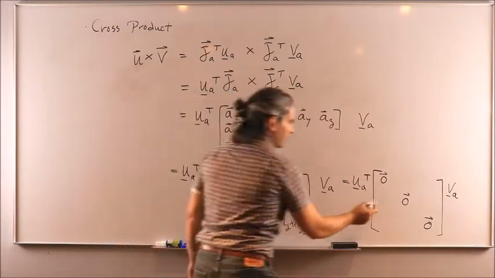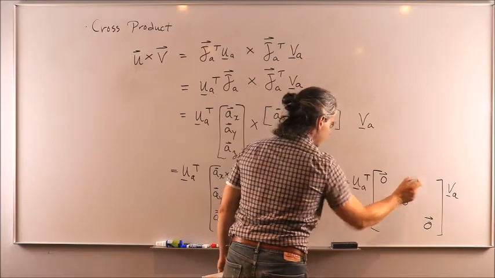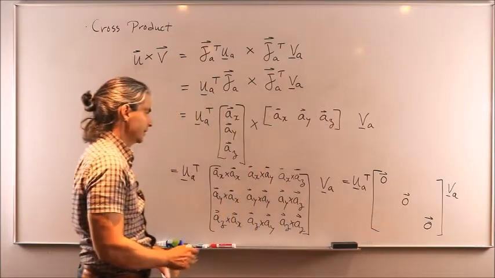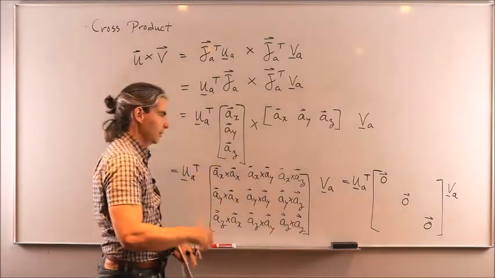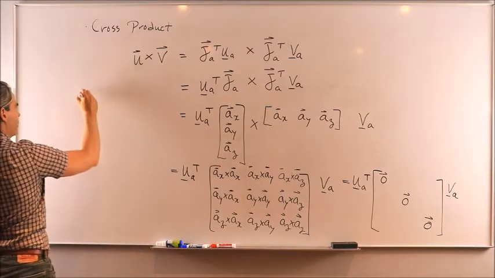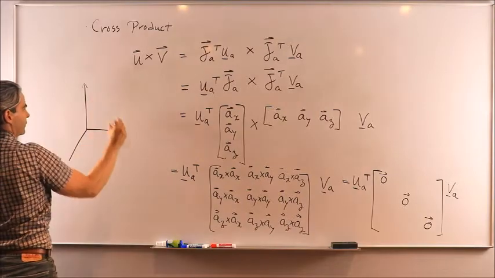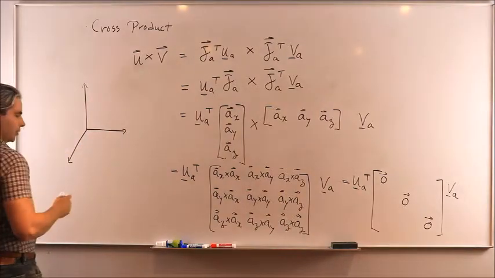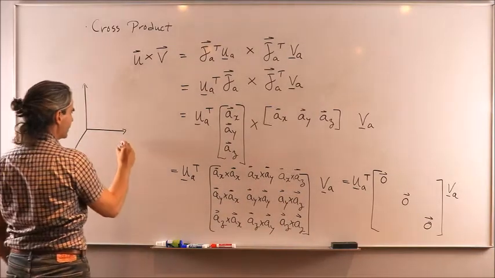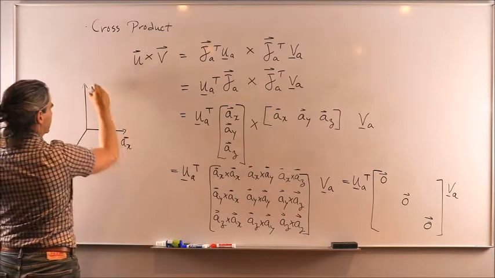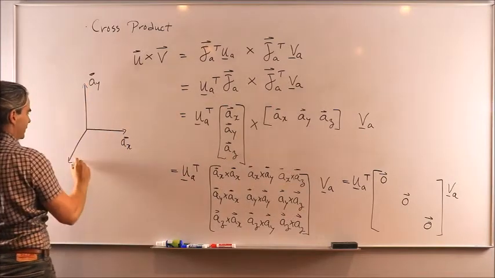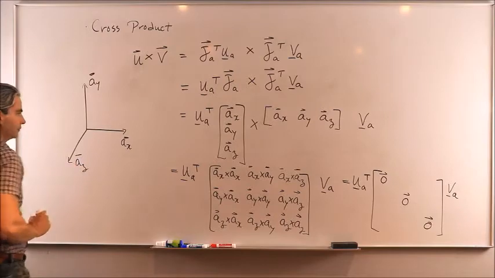Now for the 6 remaining entries of this matrix, what you have to do is figure out the direction using the right-hand rule. And to do that, I'm always drawing my little reference frame that obeys the 3 properties we discussed last time, with AZ out of the board.